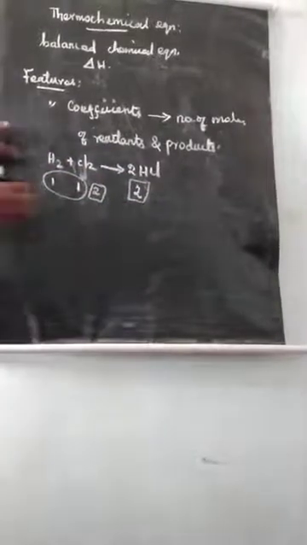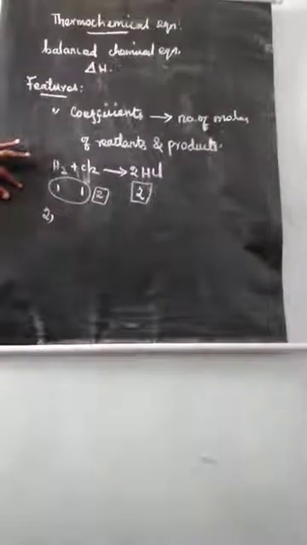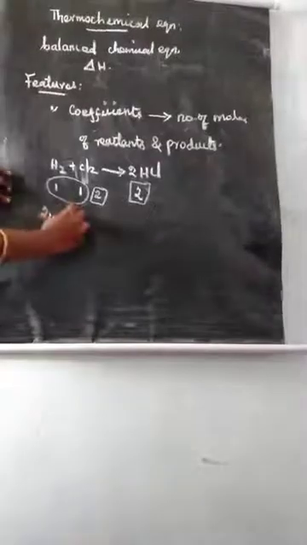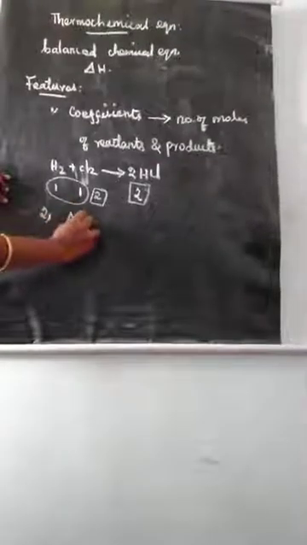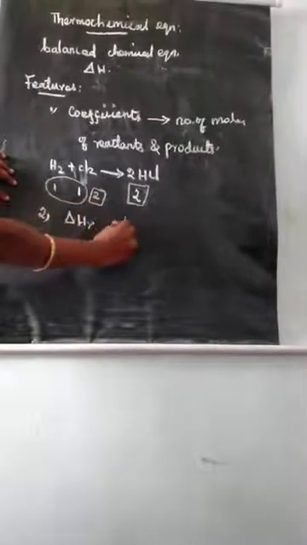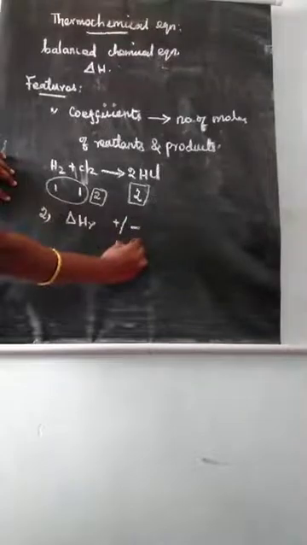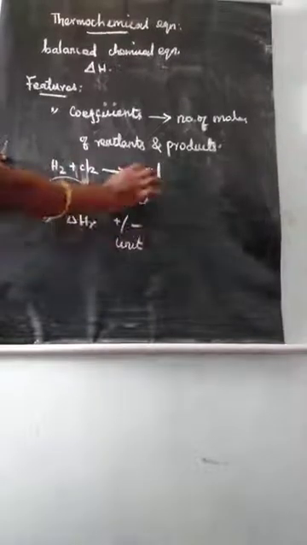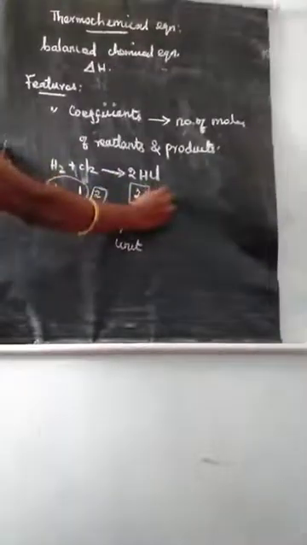Then listen, second point. The enthalpy change of a reaction has to be specified with the appropriate sign and unit. Suppose in this equation you know the delta H value.